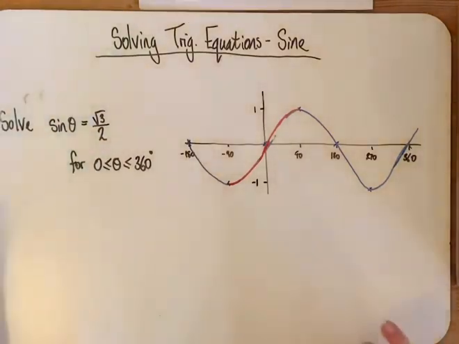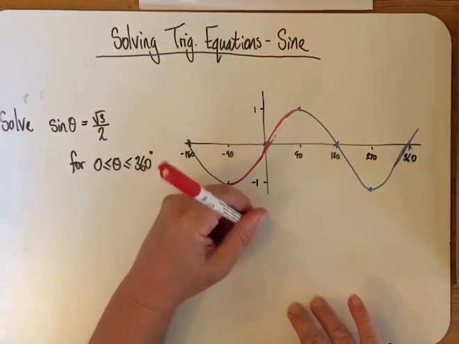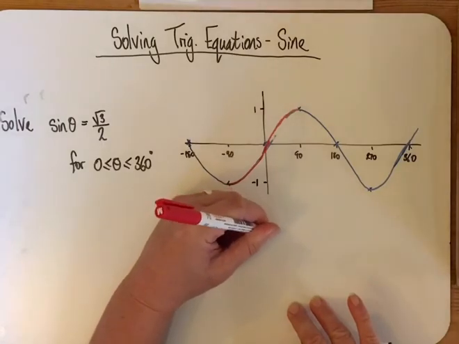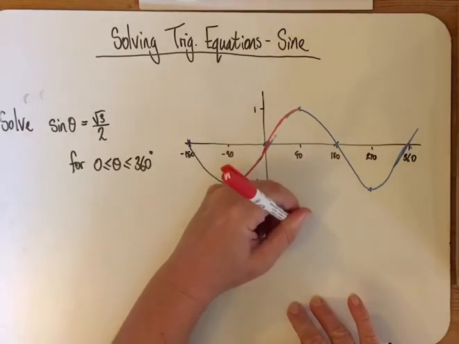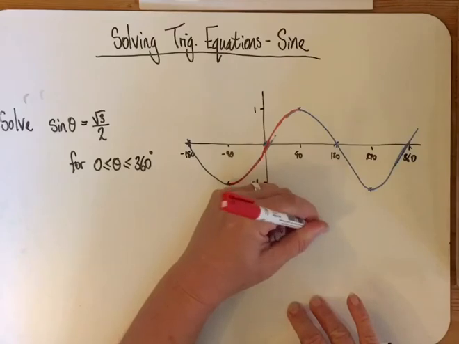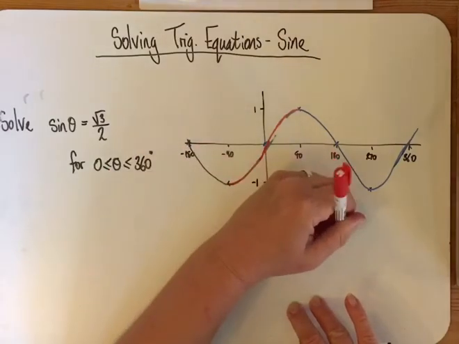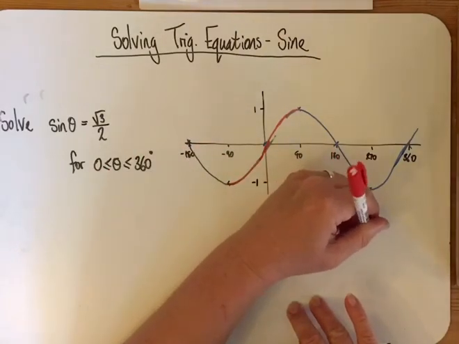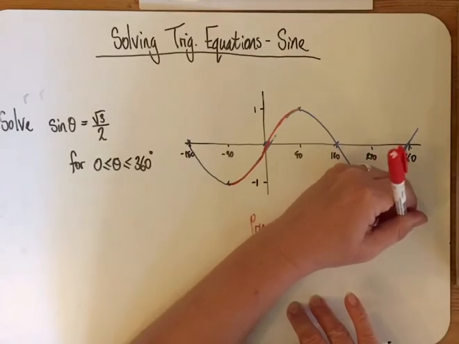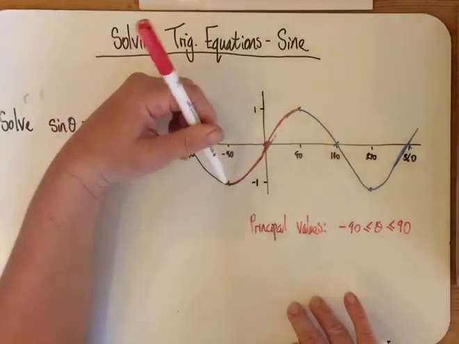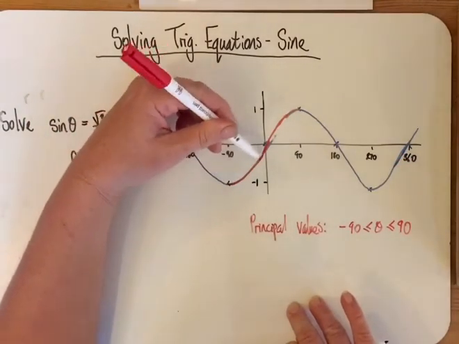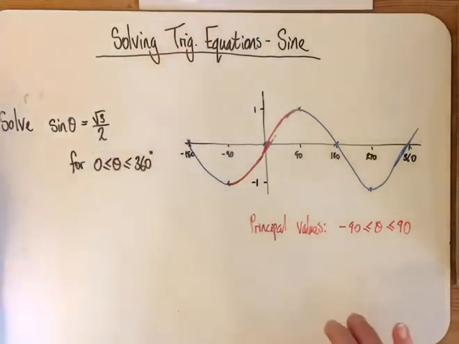So principal values: minus 90 less than or equal to theta less than or equal to 90, and then you get the whole range of values from minus 1 all the way up to 1.